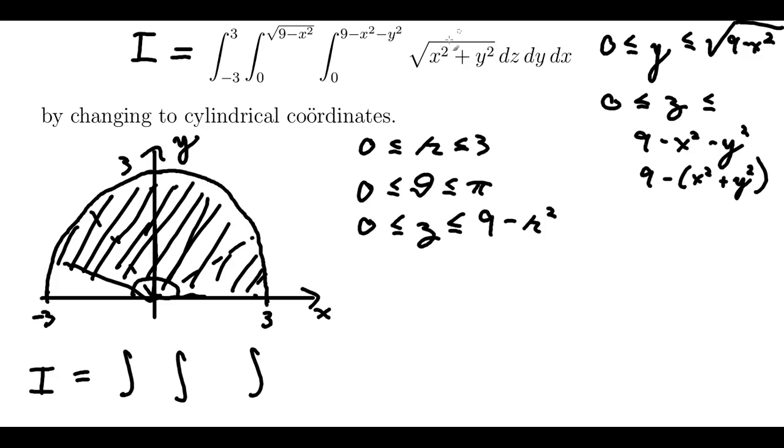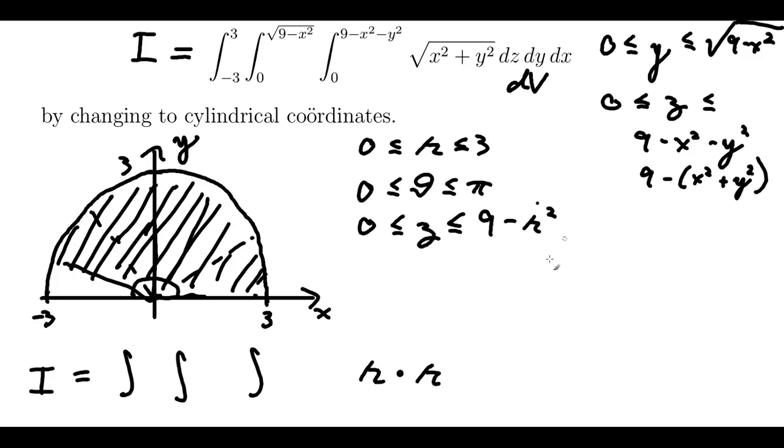We have the square root of x squared plus y squared, which, of course, is r. We also have this dz dy dx. That represents a dV volume element. And when we're translating into polar or cylindrical, we have to remember that there's another factor of r to consider.